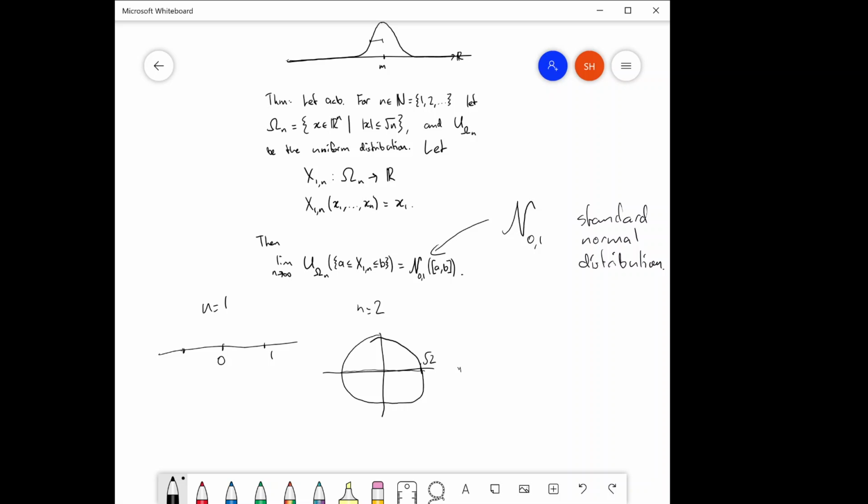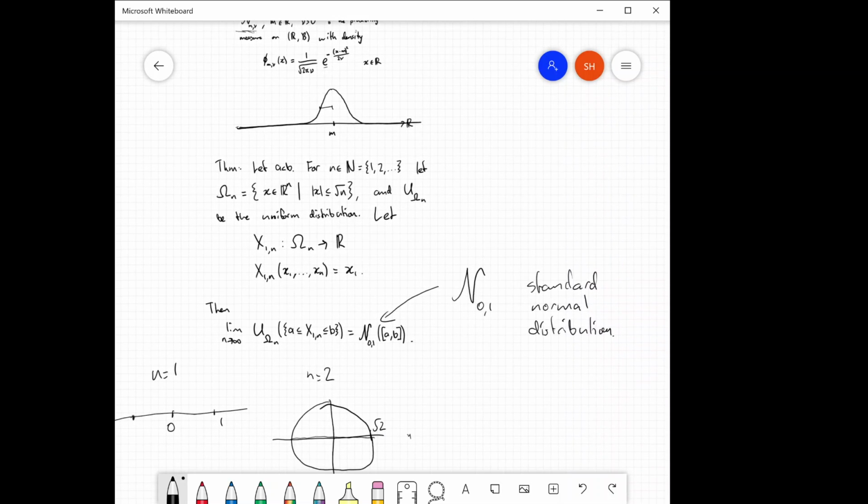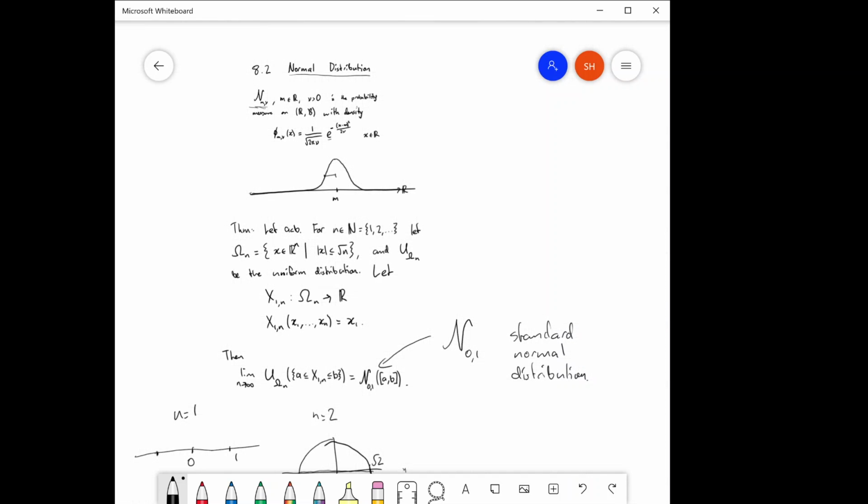If you've got a random variable that is normally distributed, meaning its distribution is any of these N with m and nu, you can scale and shift your random variable to get it to a standard normal distribution. We'll see this a lot more later on, but this is just a little introduction so you can be a bit familiar with it.